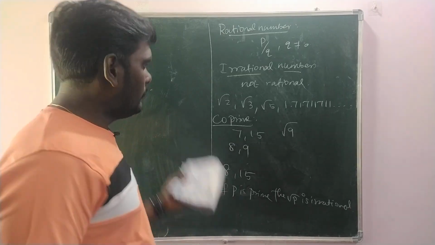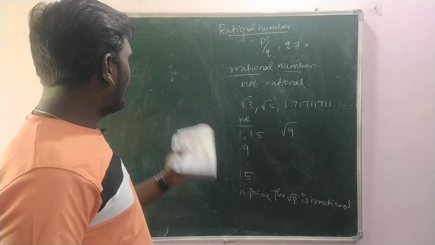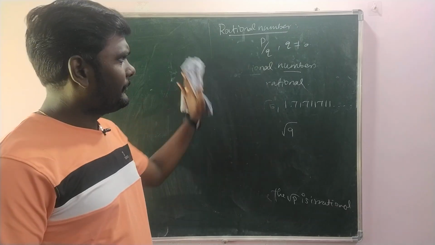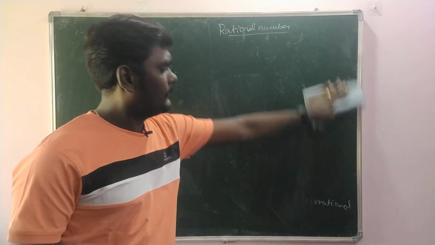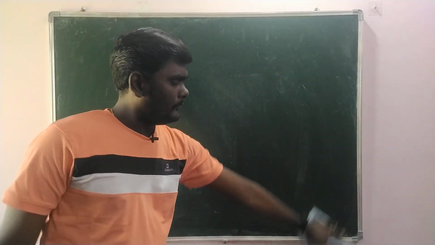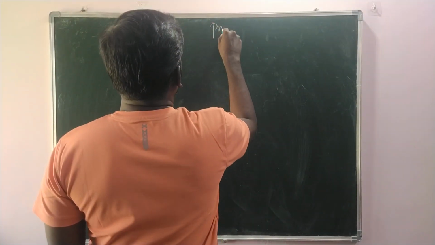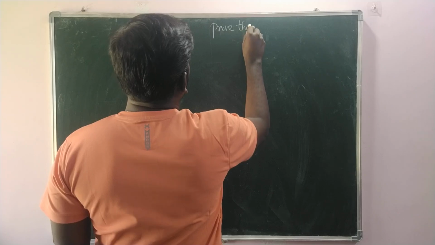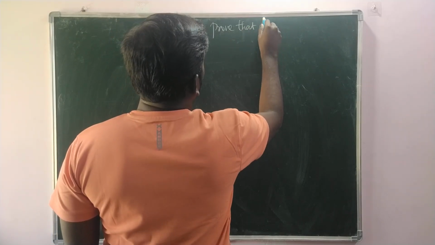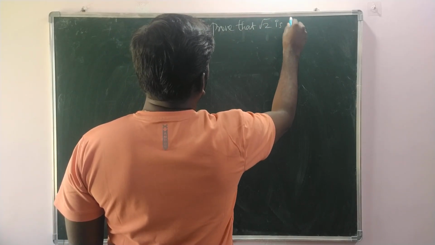Now, shall we prove root 2 is irrational? We already discussed these things, remember? So we are going to prove that root 2 is an irrational number.